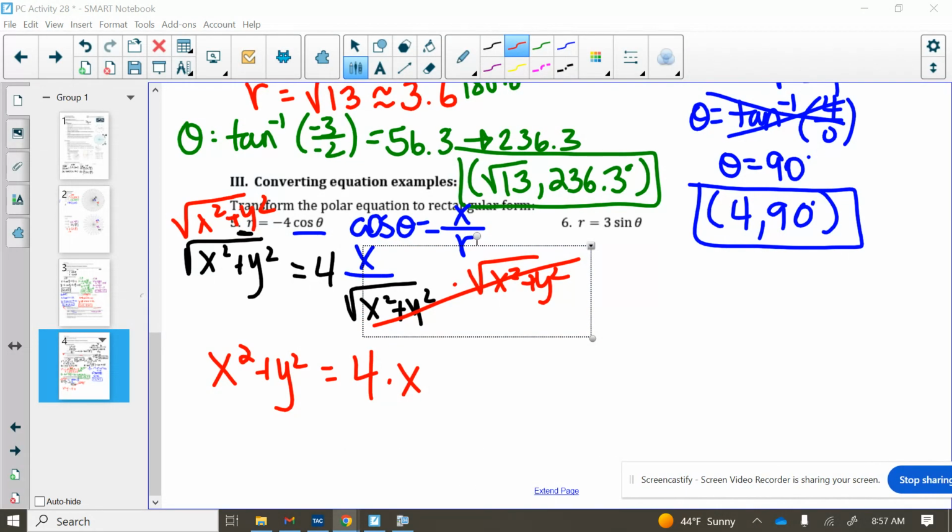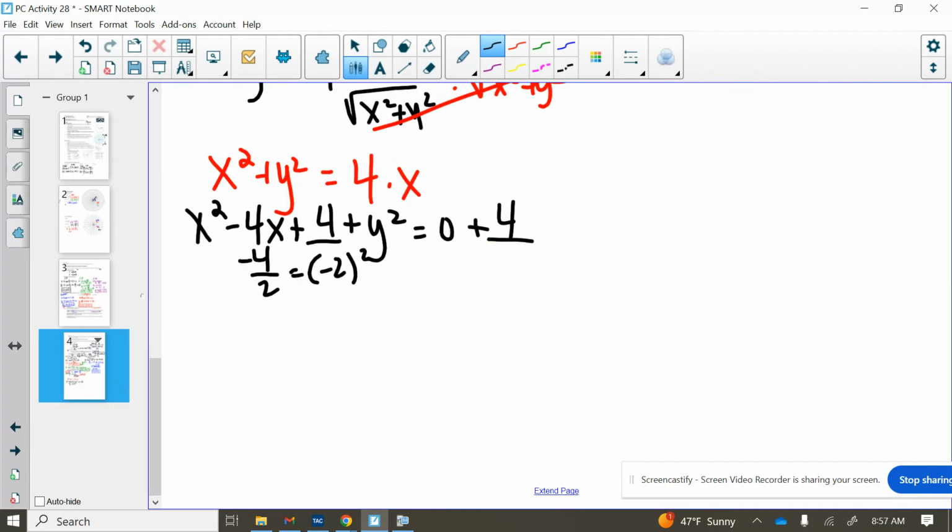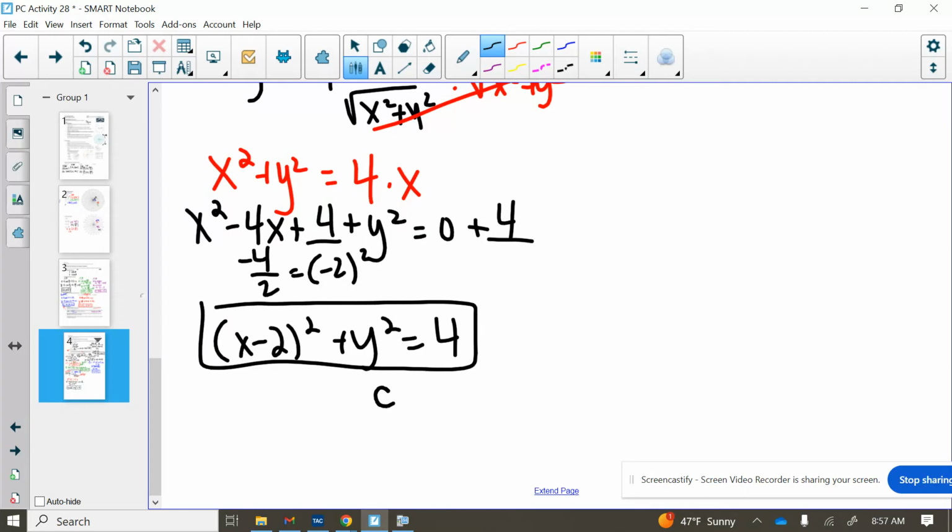And if we bring everything over to one side, x squared minus 4x plus y squared equals 0, we can complete the square to end up finding our last missing piece here to ultimately put this in a nice factored form that shows us that this is the equation of a circle.